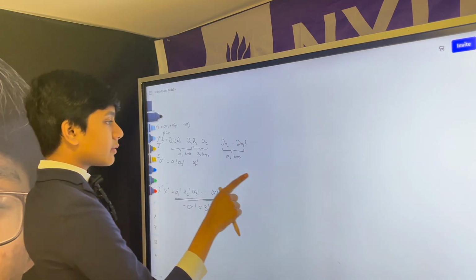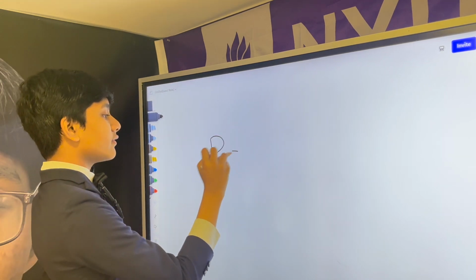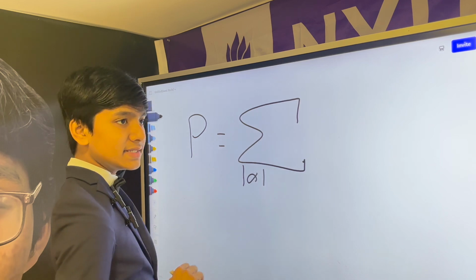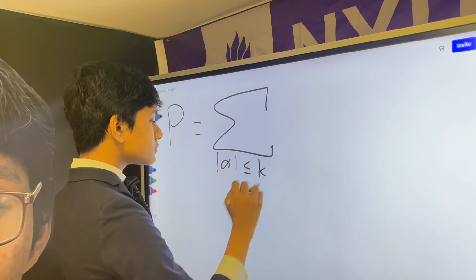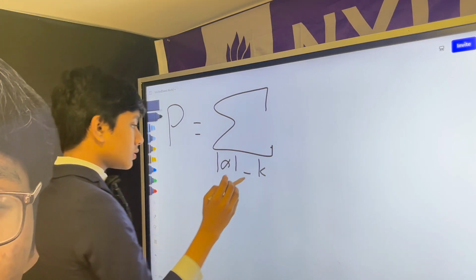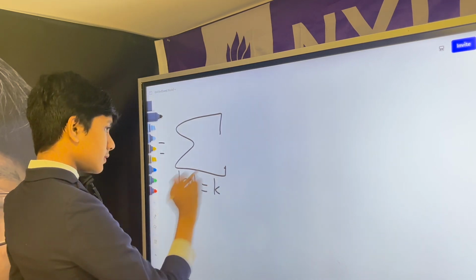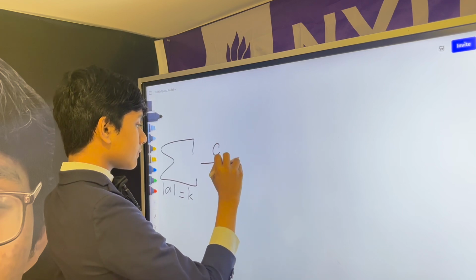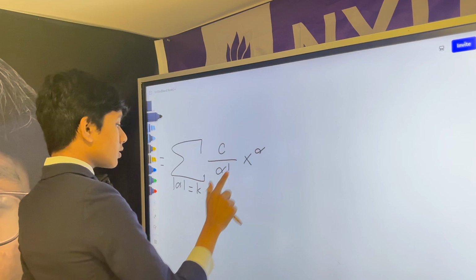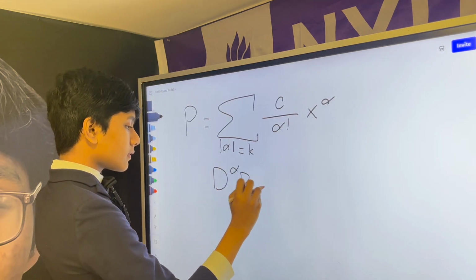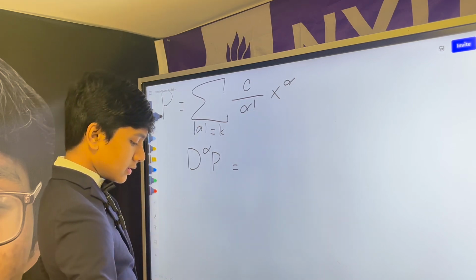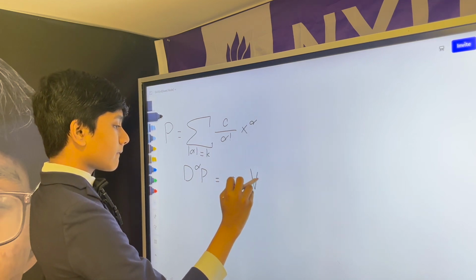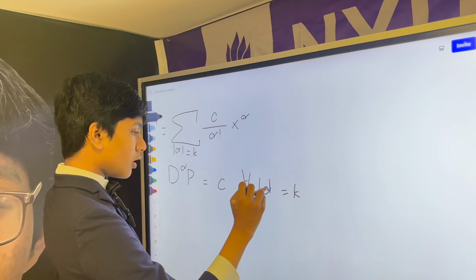Okay, so now we'll prove something a little bit trickier. If we have a multivariable polynomial which takes every single tuple of dimension d and length k, and we have this, we have to show the result.